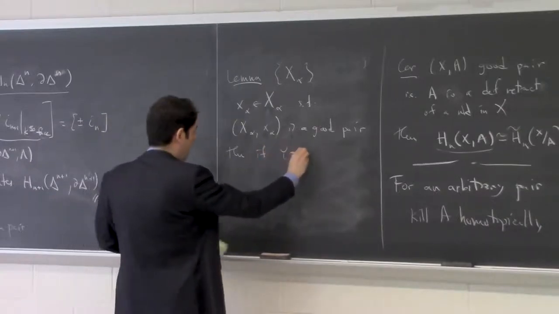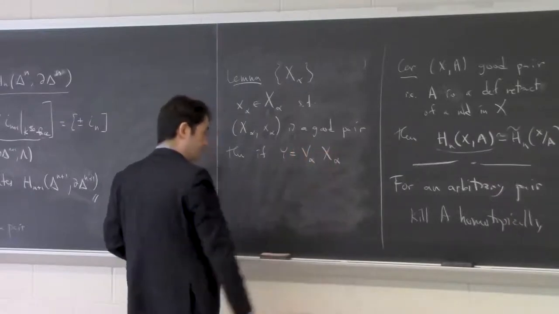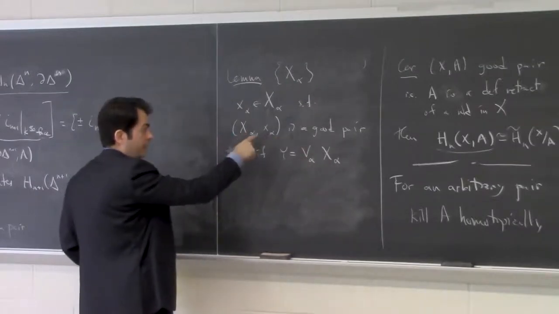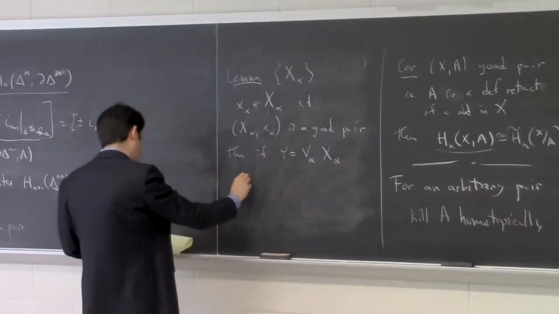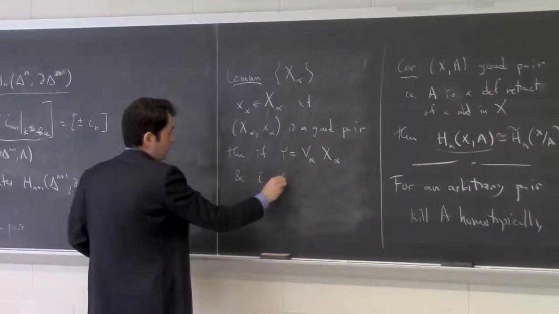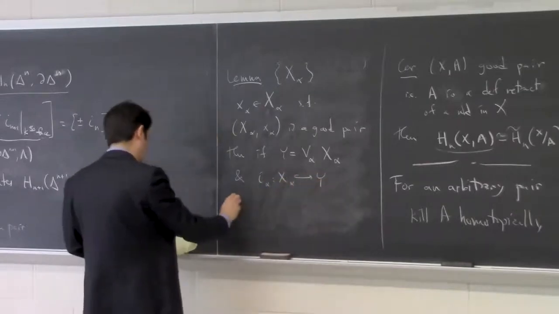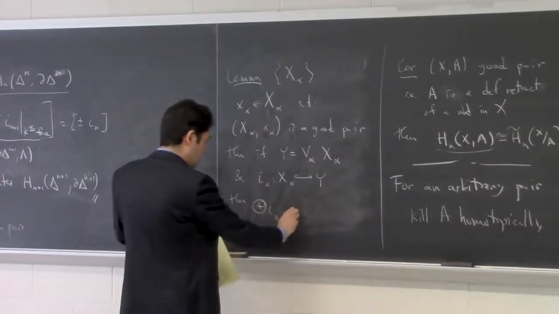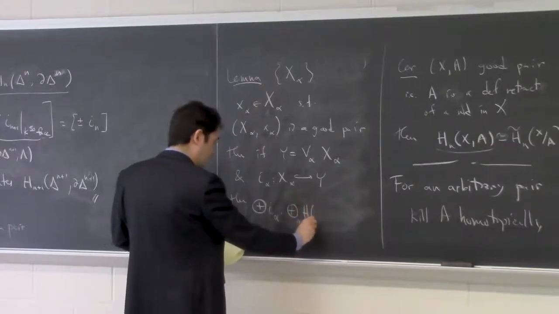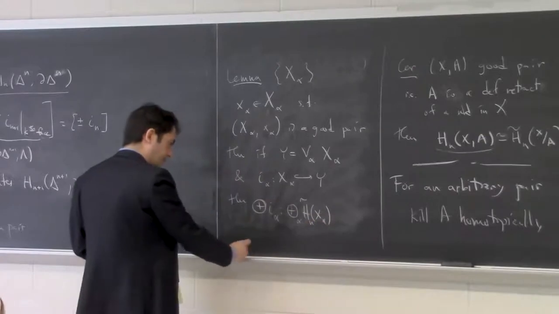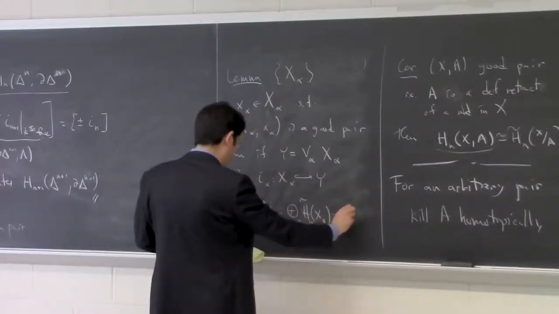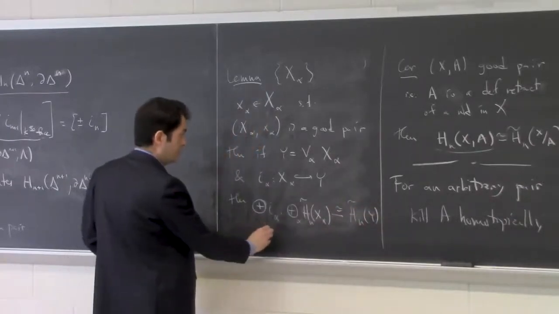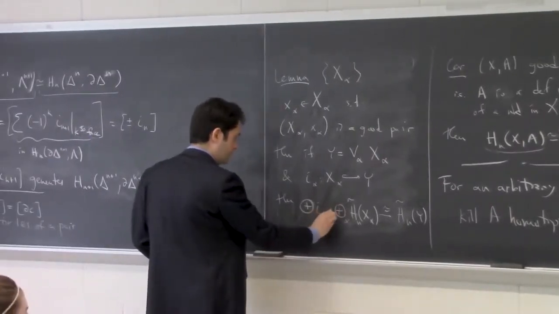Then if we make Y equal to the space you get by taking the disjoint union and then identifying all of these points, and we have the inclusions, then the inclusions give us an isomorphism between the direct sum of the reduced homology groups and the reduced homology of Y.